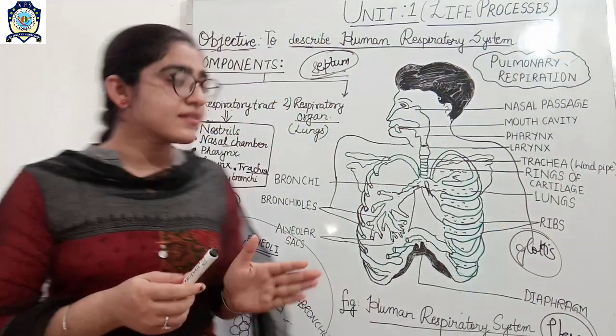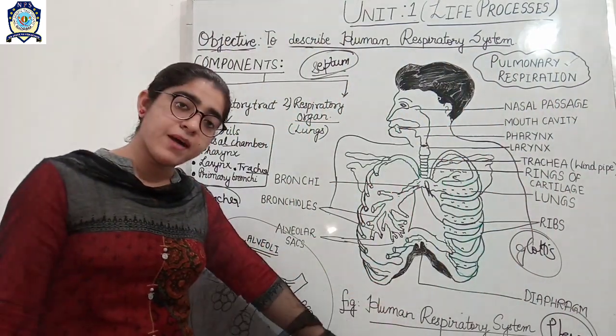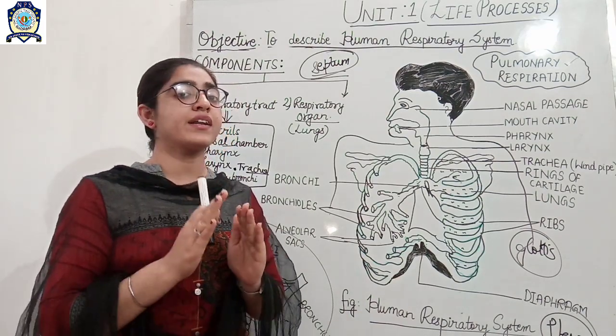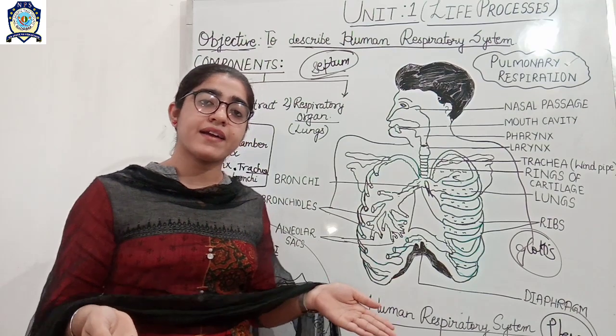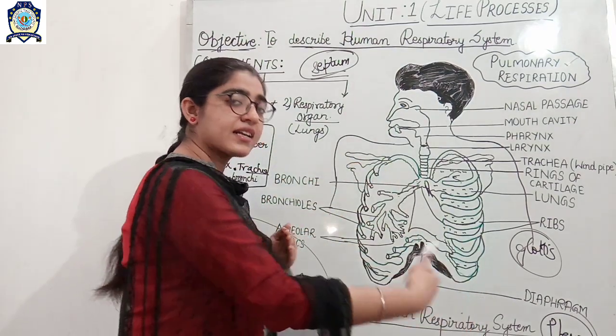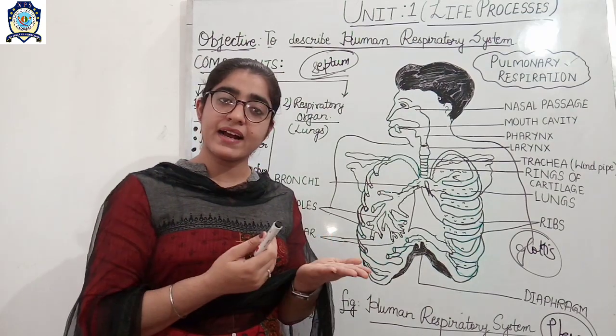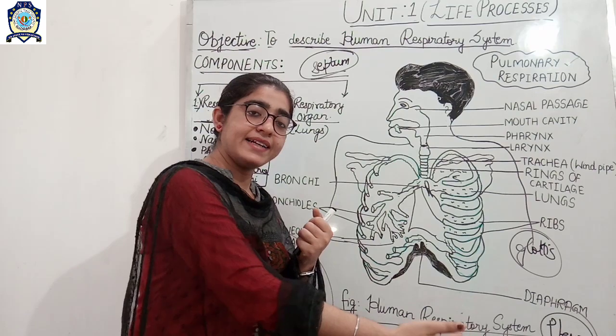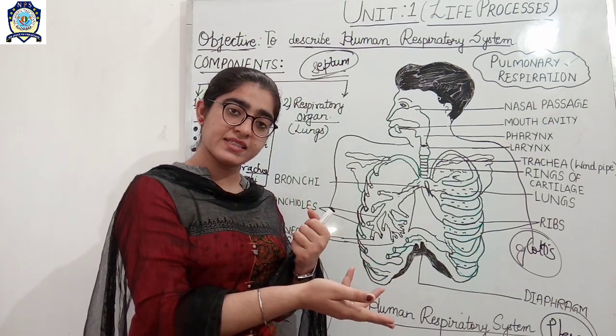Okay, so though this was all about it, always keep one thing in mind: when you are drawing the diagram, then the left side of your hand is the right side of the diagram and vice versa. Means आपका जो hand right है, diagram की वो left side होगी.